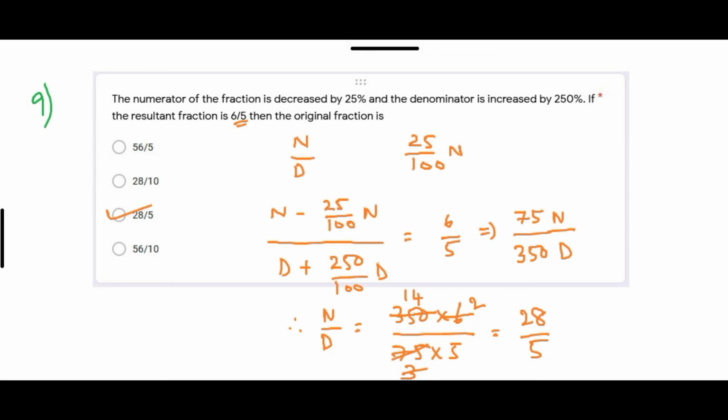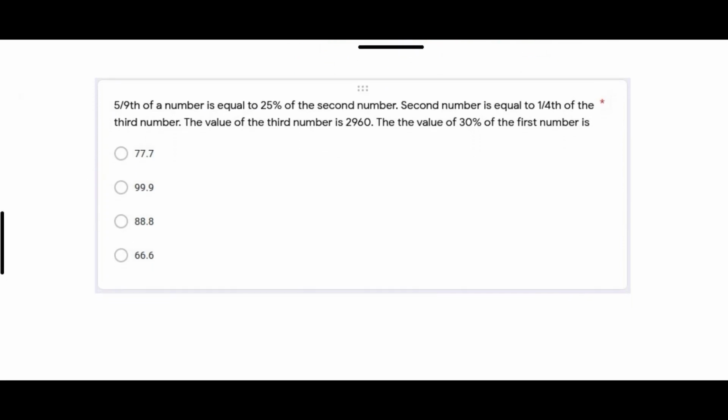Let's move on to the next question, and this is the last question, the 10th one. 5 by 9th of a number is equal to 25% of the second number. Let me call the first number x and the second number y.